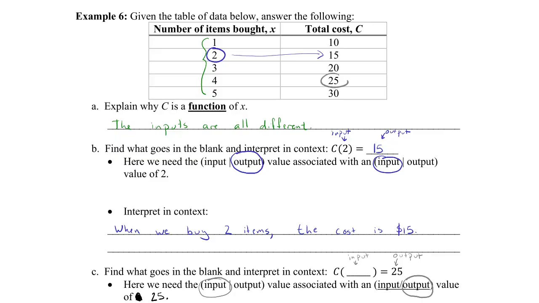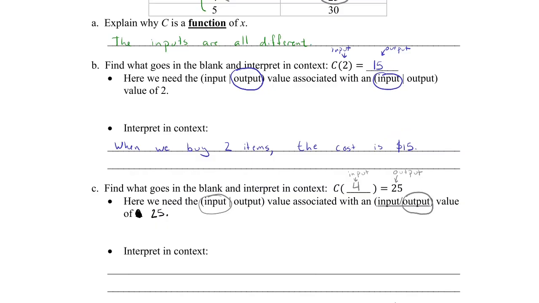So we find 25 in the output column. And then we look back and see what input is associated with that. The input 4 is associated with the output 25. When I write this interpretation, I'm going to write it to kind of make the 25 the subject. So the cost is $25.